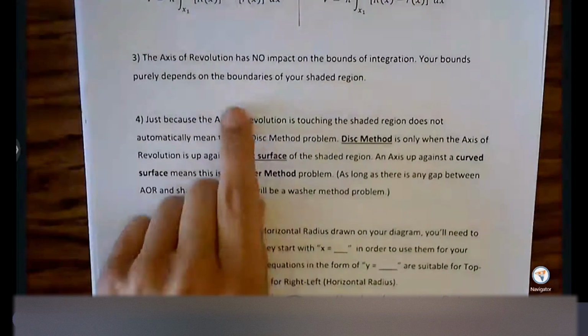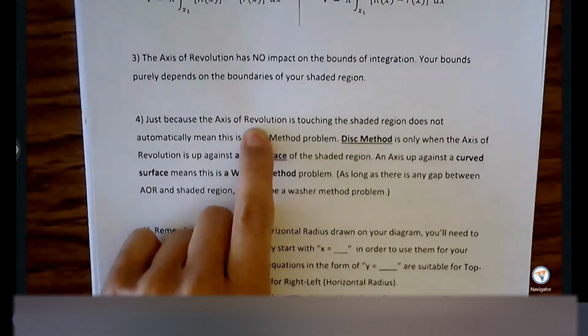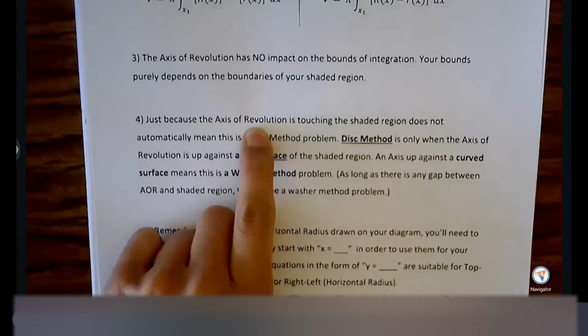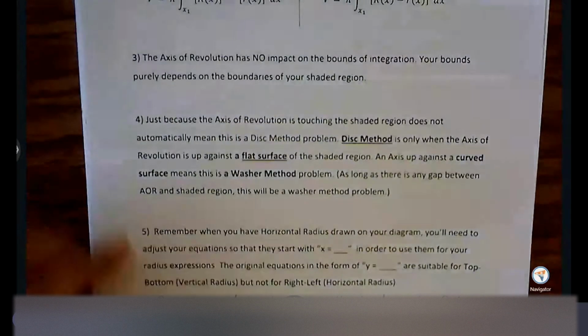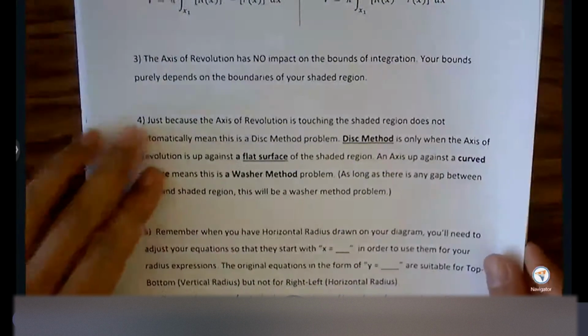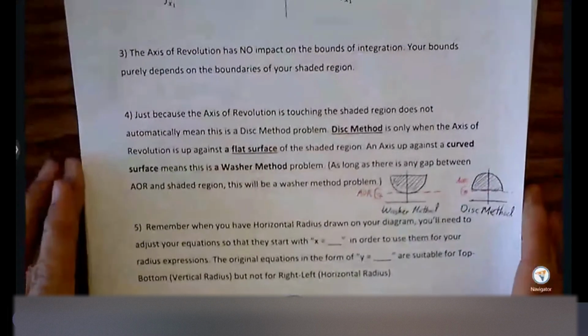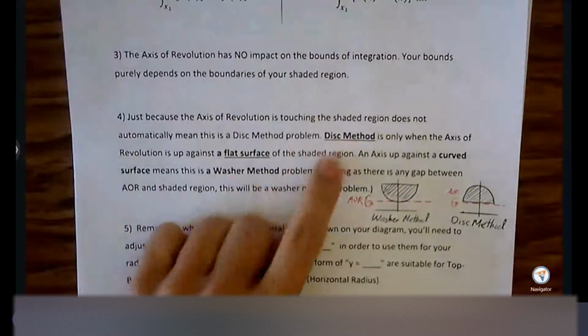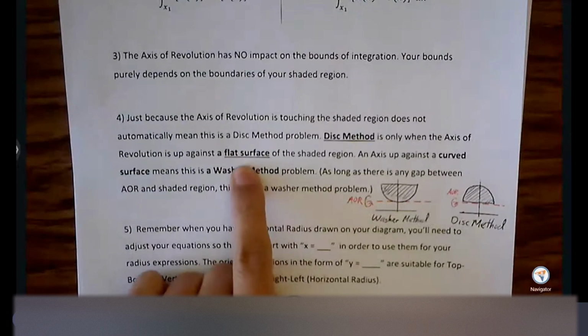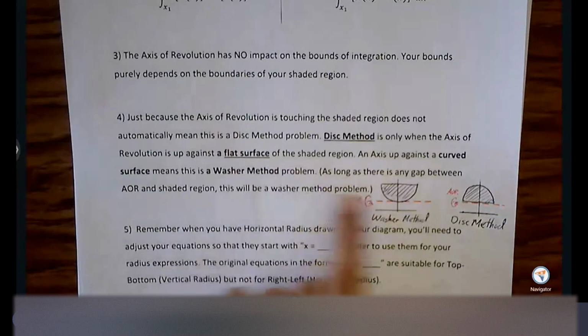Next item, just because our axis of revolution is touching the shaded region does not automatically mean that we're dealing with a disk method problem. Okay, so disk method is only when the axis is up against a flat surface of the shaded region. That's the only time we can guarantee that there's no gap.